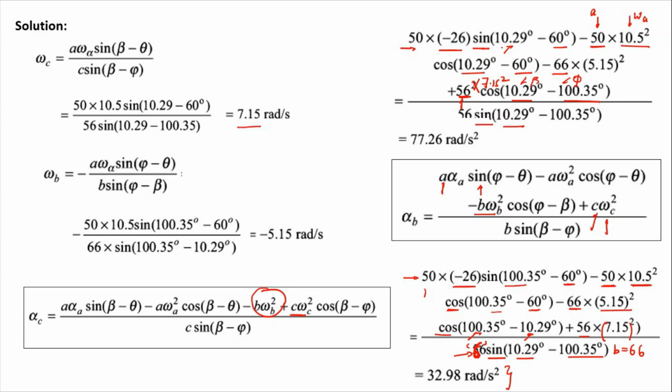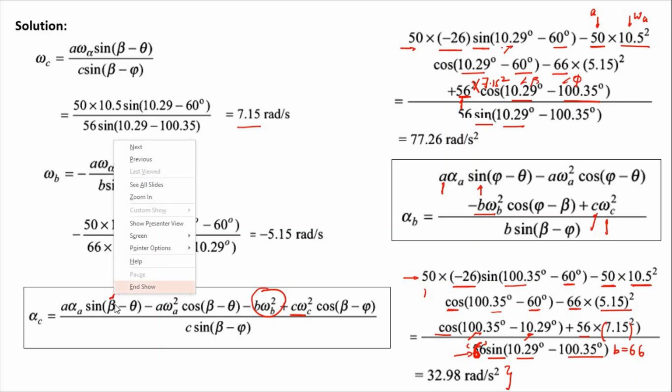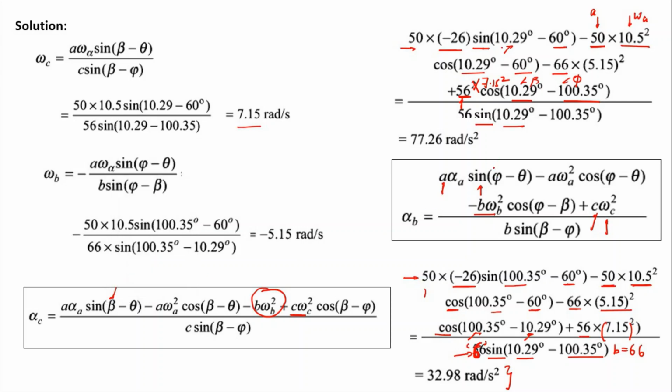Now if you observe carefully, the difference between these two equations is that most of the coefficients for the sine and cos terms are almost the same. The only difference is that in place of beta, if you move to alpha b you have phi.